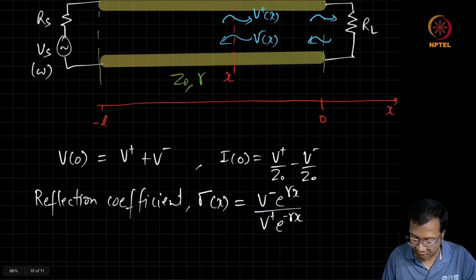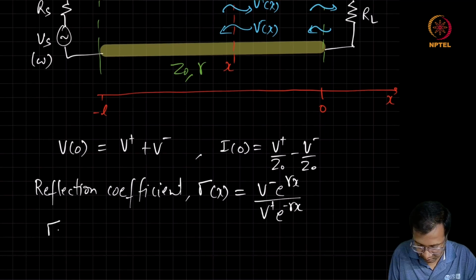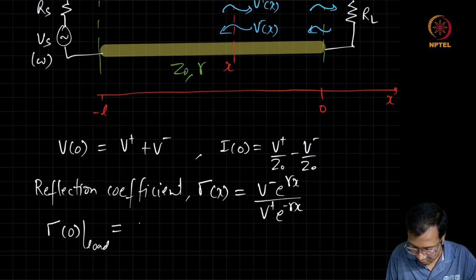And the way we have defined x, at x equal to 0, which is on the load side, gamma at 0, the load side, is equal to V minus by V plus.